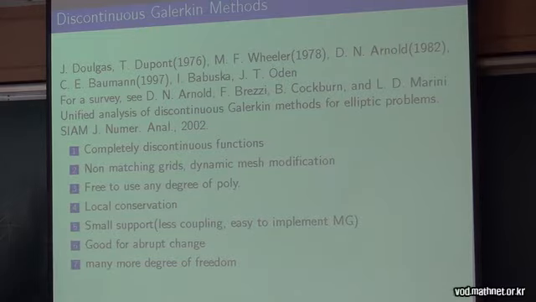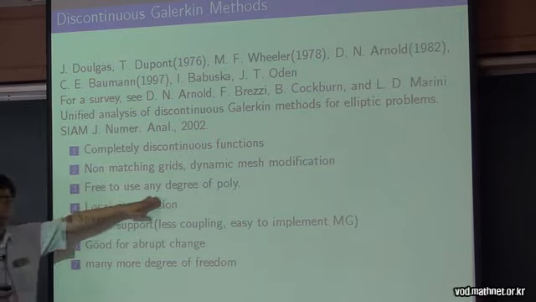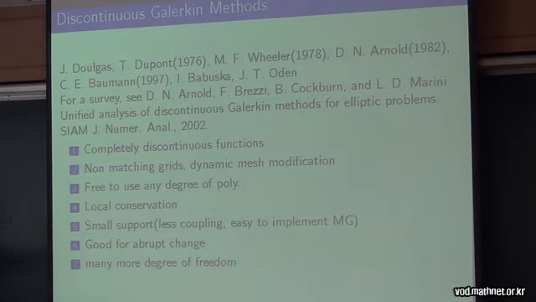And then they can use non-matching grids. They can use any kind of grid. They can use any degree of polynomial. For example, you can use degree P2 here, P1 here, P3 there, anything. It's very free. The disadvantage is many more degrees of freedom.